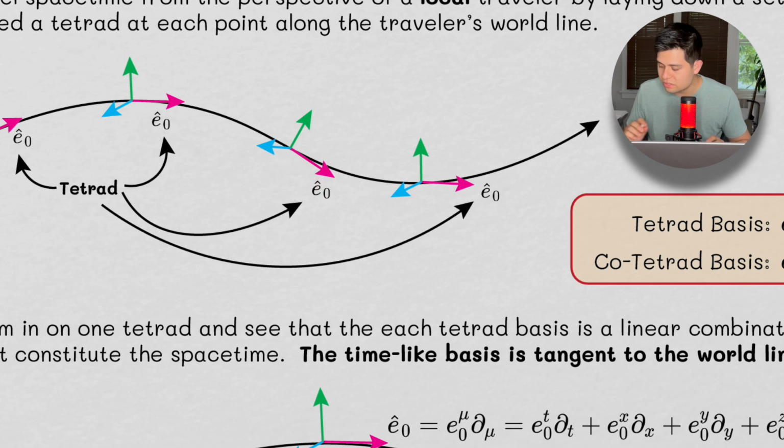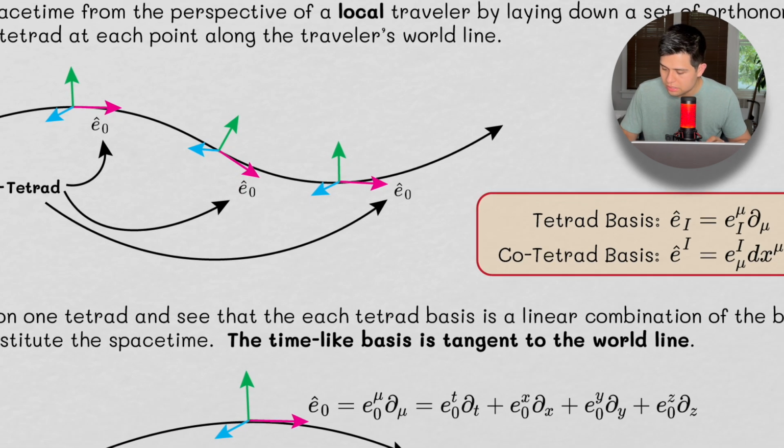What I'm specifically showing you is that the E0 tetrad is always going to be tangent to the geodesic, and that's going to be important for what we're going to talk about in a few seconds.